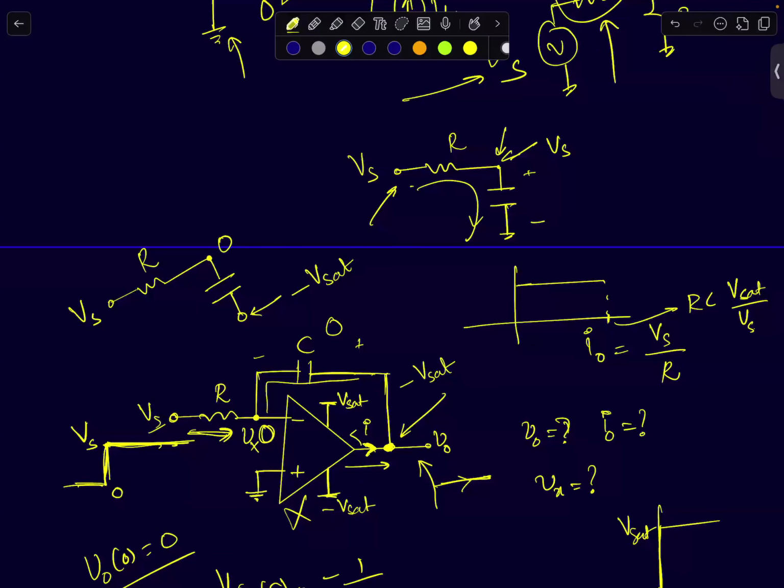The resistor will generate a current and keep charging the cap. Once the capacitor reaches Vs, it will stop charging. So that's what is going to happen here. The output node voltage will stay put at minus Vsat. But this node, the capacitor's node, I'm calling this node Bx. Your resistor will start pushing current into this capacitor.